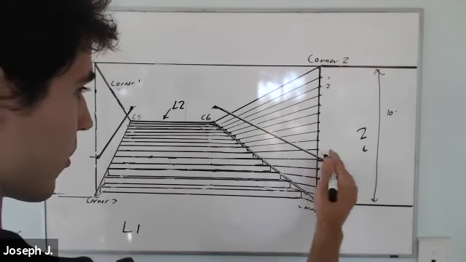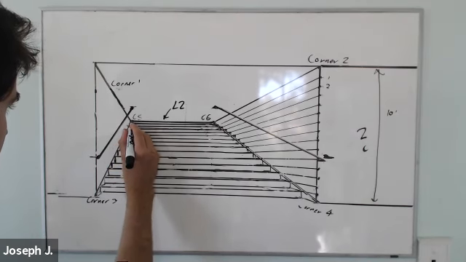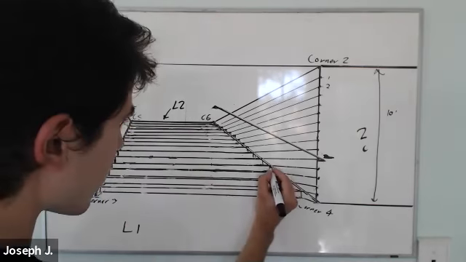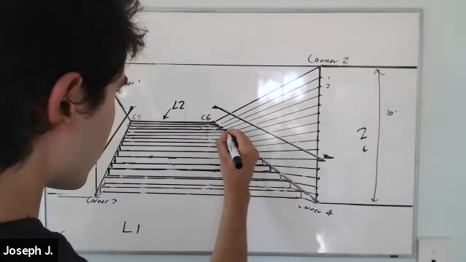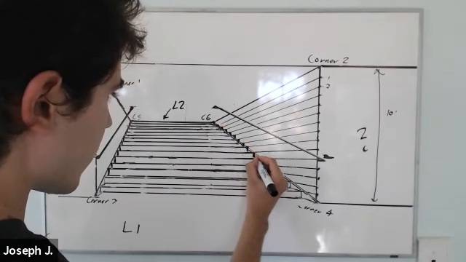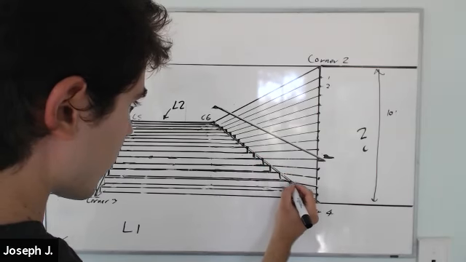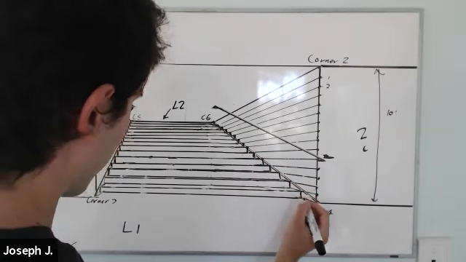I'm going to actually draw some lines down like this, just to show that these are right angles. The devil is really in the details here. I want this to look more like a staircase than a ramp.